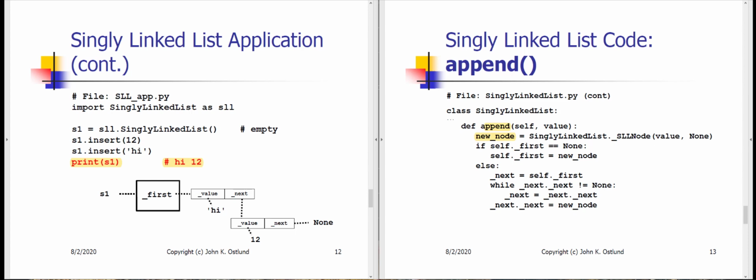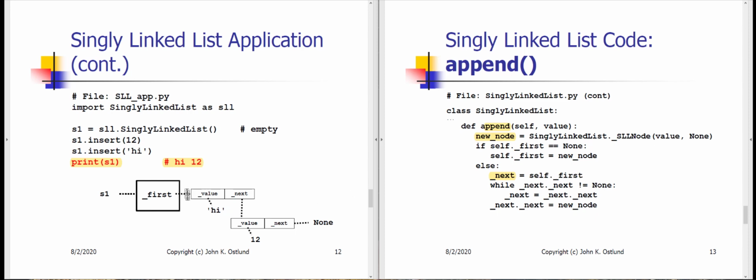But let's suppose that _first is not None. That means that there are already nodes in the list, and we have to loop through the existing nodes to find the end of the list. This while loop is quite similar to what we already did in the dunder str method. We're starting out by setting an underscore next variable to be a copy of the underscore first value.